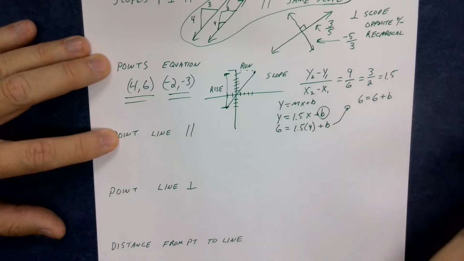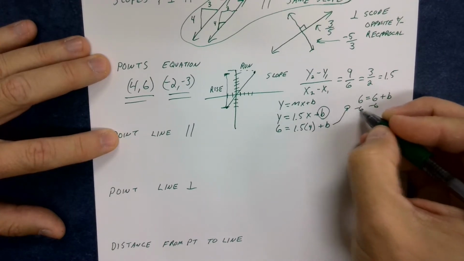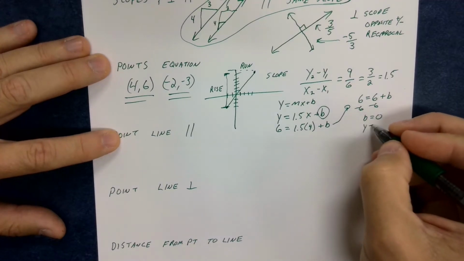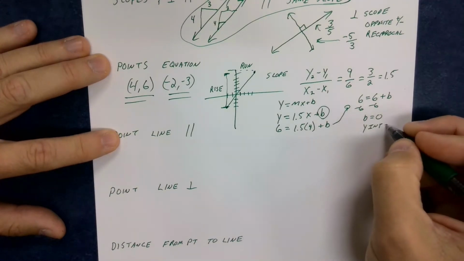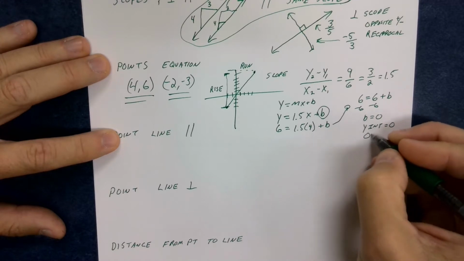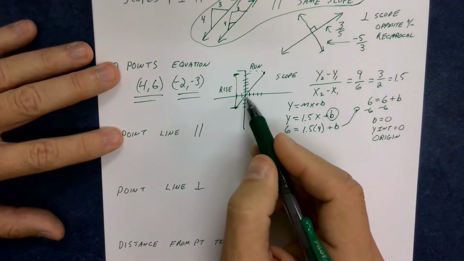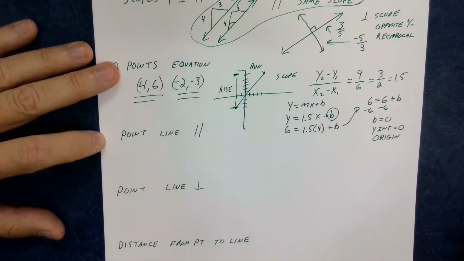Look at that. Minus 6, minus 6, and my b equals 0, or my y-intercept, which is what b is, equals 0, which means that my line has to go through the origin. And look at that, my picture showed that it went through the origin.